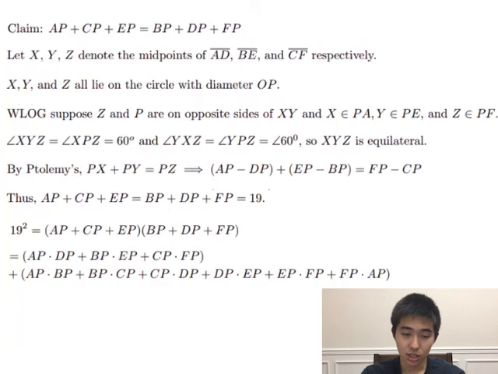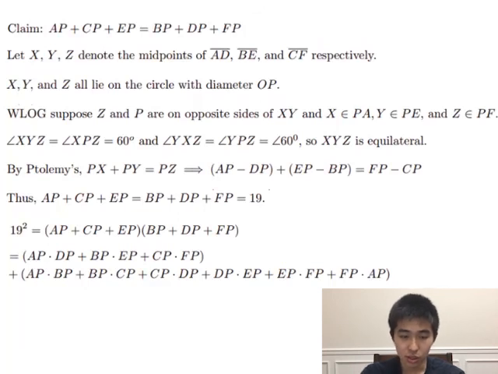And notice that by the formula for the area of a triangle, which is 1/2 ab sin C, then the area of triangle APB is 1/2 times sine of 60 degrees times PA times PB, which is √3 over 4 times AP times BP.